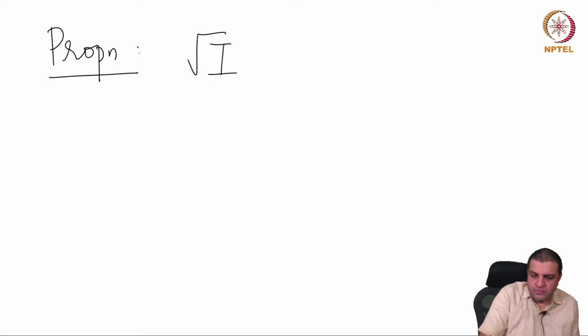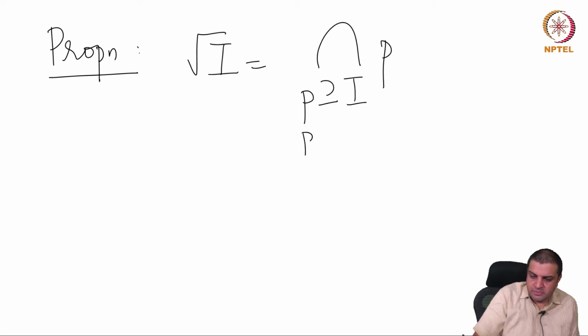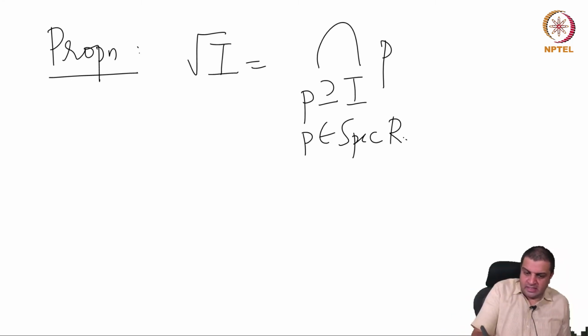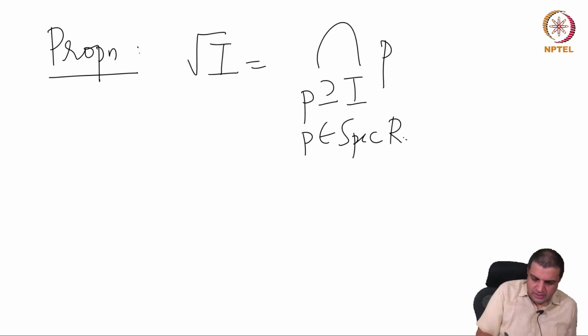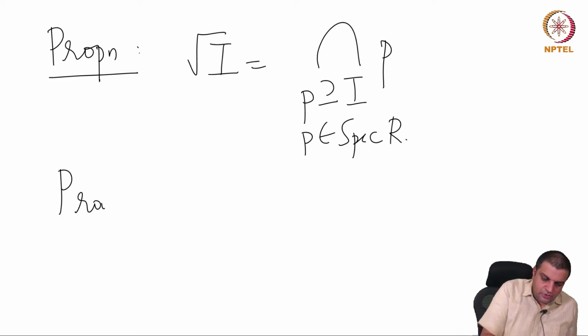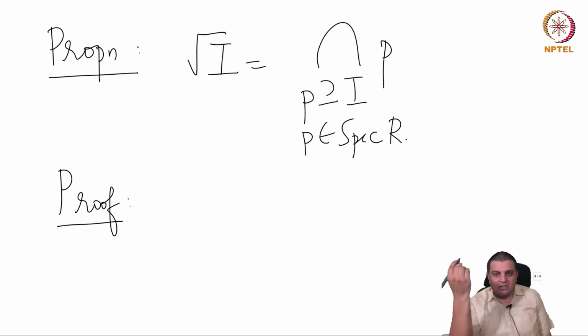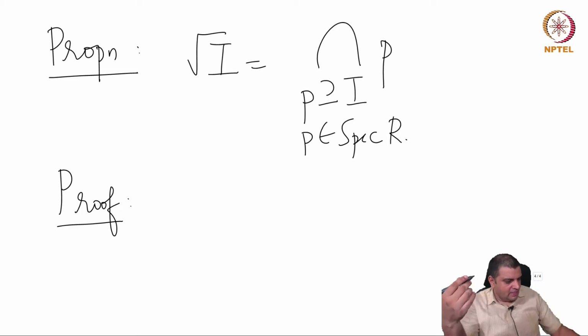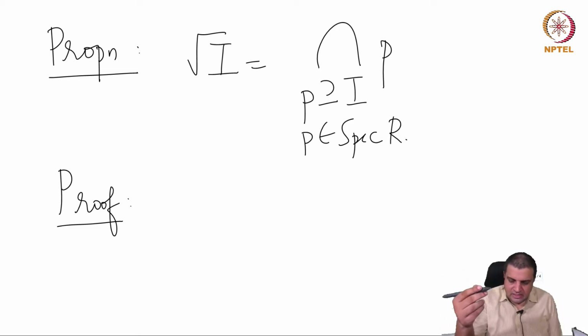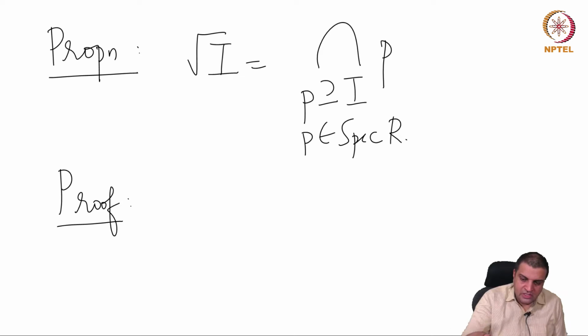The radical of I is the intersection of primes P in Spec R containing I. So we already observed that the radical of I would be inside, so let's go over that part. I should say that one could have proved this result a little earlier, but I felt that the proof is really easy to state once we understand localization, which is the reason why I postponed it till this stage. One did not need to know localization to prove the statement.